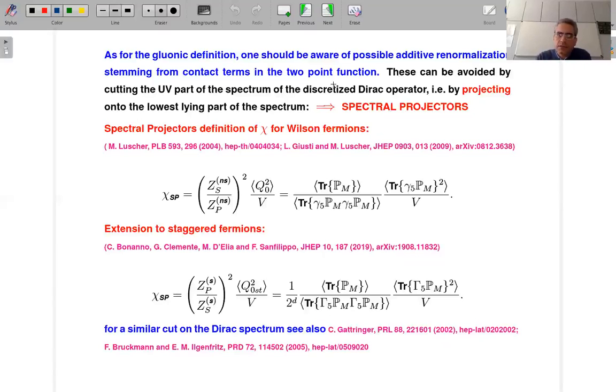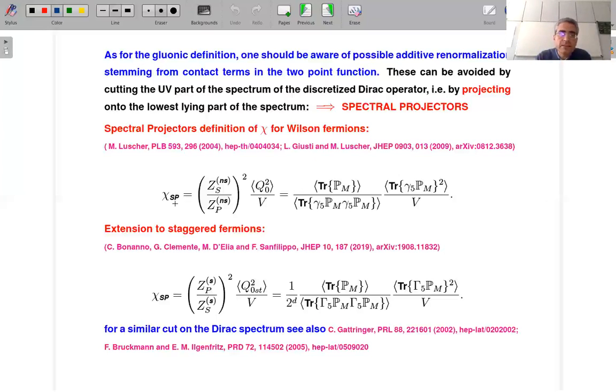Now, if you cut off the eigenvectors with high eigenvalues, which are associated with the eigenmodes of the Dirac operator at the ultraviolet scale, we are effectively cutting away the ultraviolet fluctuations contributing to these possible additive renormalizations. And this is the idea at the basis of the spectral projectors method, which has been defined for Wilson fermions.